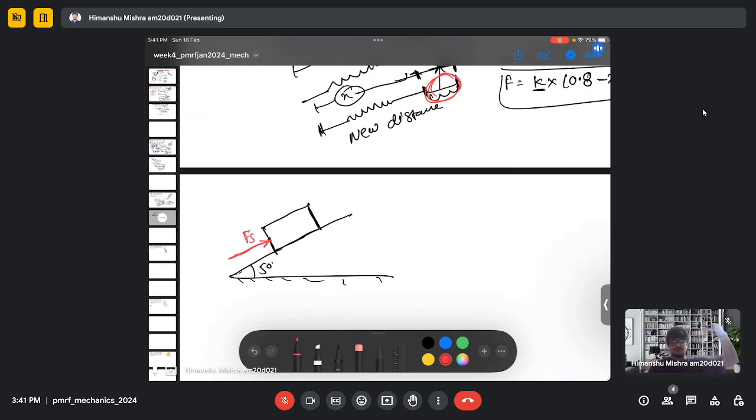Now since the block is moving from right to left, there will be a friction in the opposite direction, from left to right. So there will be a friction here from left to right, which is F. There will be a normal reaction, and there will be a weight which is acting 50 degrees from the vertical direction. And this is my coordinate system, X and Y.